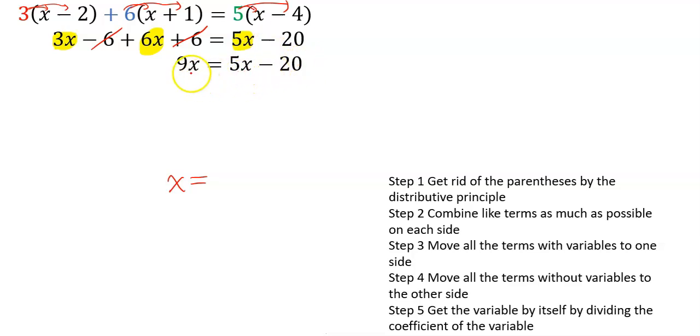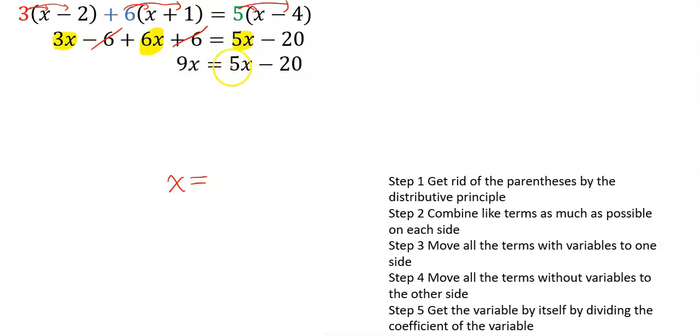Now notice we have 9x and 5x, one on the left and one on the right. Again, we cannot just add them because they're not on the same side of the scale. What we can do is get rid of 5x.